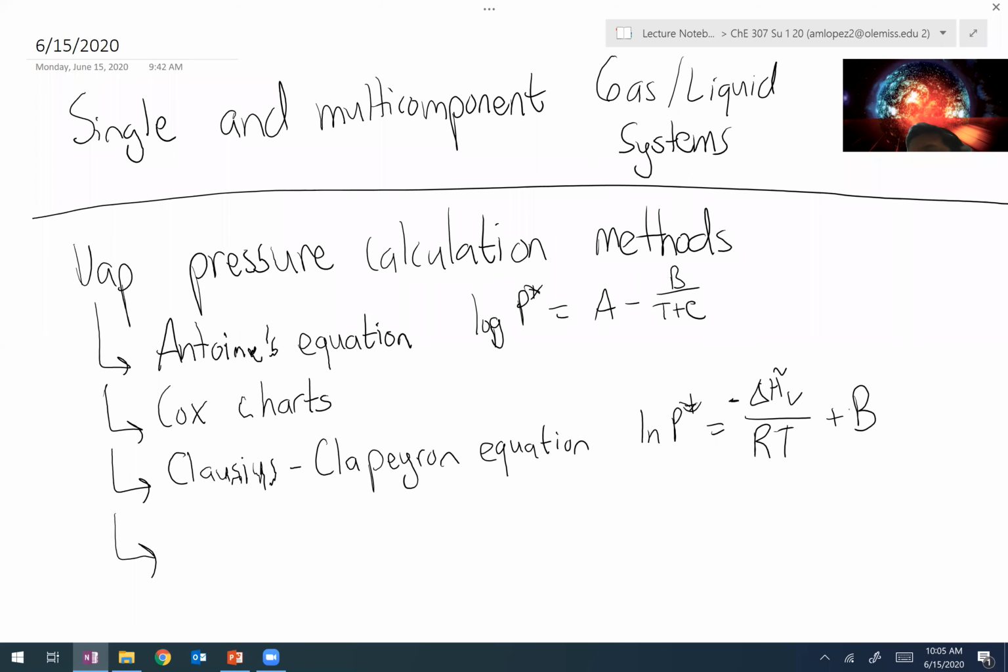The last one was just the generic Clapeyron equation. Not nearly as common, but it is technically valid.